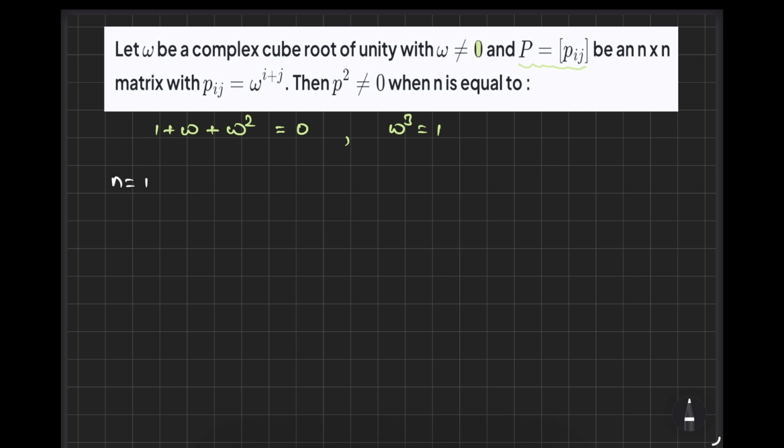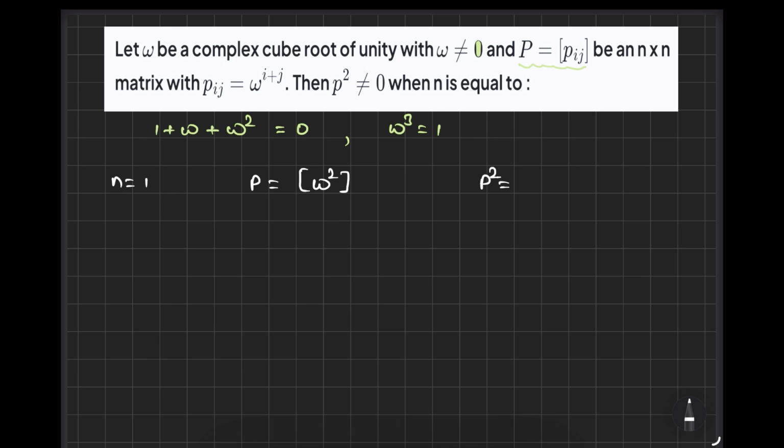Suppose n is 1. Then P is a 1 cross 1 matrix. The element A11 means omega power 1 plus 1, so it is omega square. Now find P square.